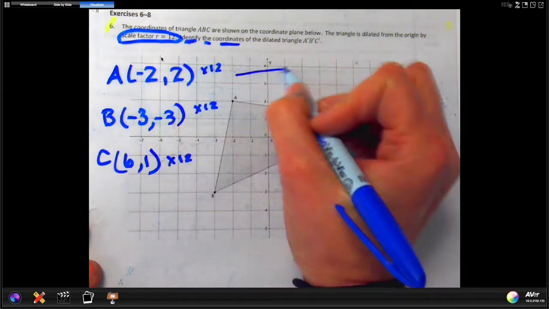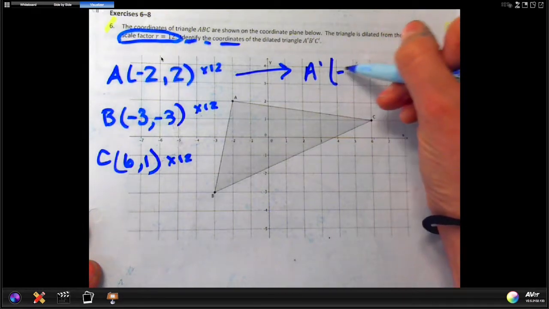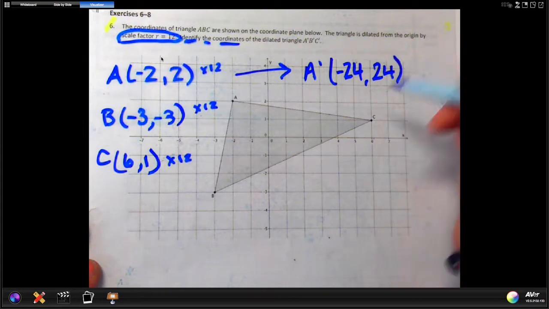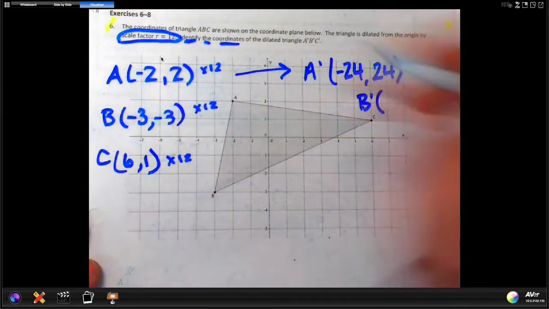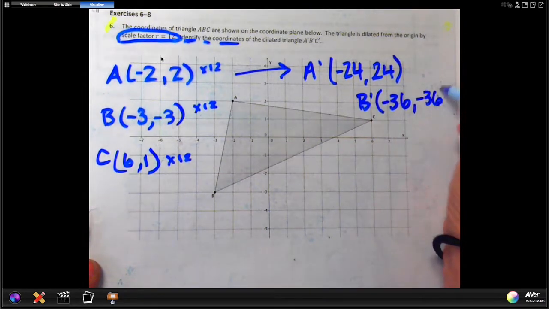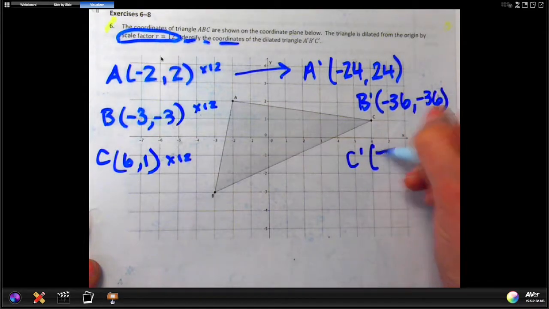So, and I'm going to put them over here. A prime would be negative 24, comma, positive 24. B prime, if I multiply both of these by 12, would be negative 36, comma, negative 36. And finally, C prime would be 72, comma, 12.